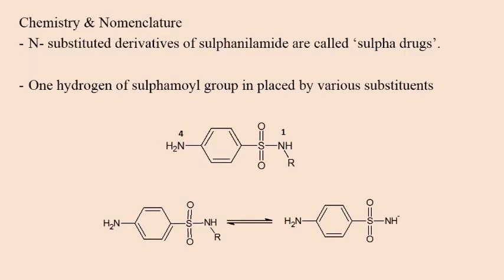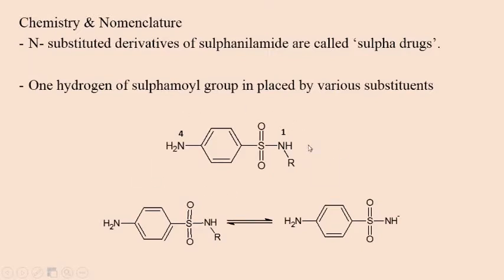That means at this value, half of the drug will be in ionized form and half in unionized form. Now this is the reason. The urine through which the drug is excreted has a pH around 5 to 6. At this pH, the sulfa drugs are unionized, and that's why there is formation of crystalluria.